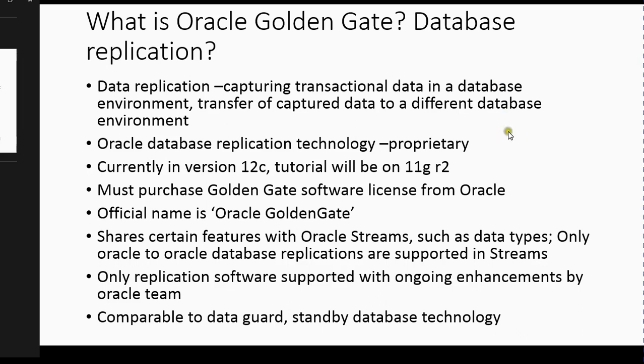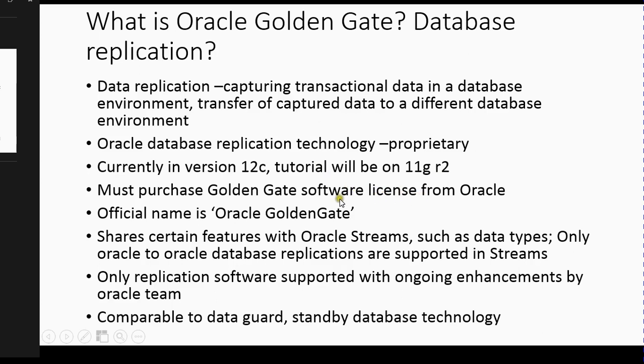The Oracle replication technology, GoldenGate, is proprietary, so it belongs only to Oracle. The current version is 12c, but the tutorial I'm doing now is on GoldenGate 11g R2. Also, to use GoldenGate, you have to purchase a software license from Oracle.